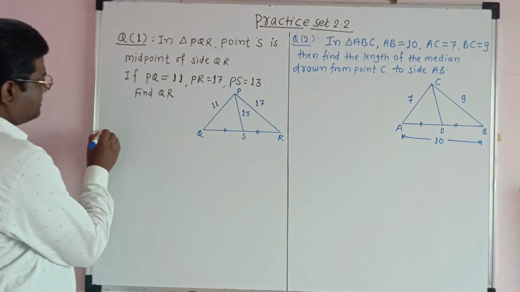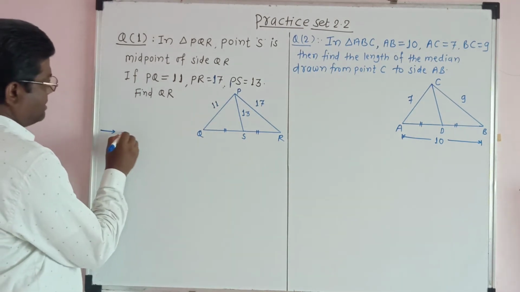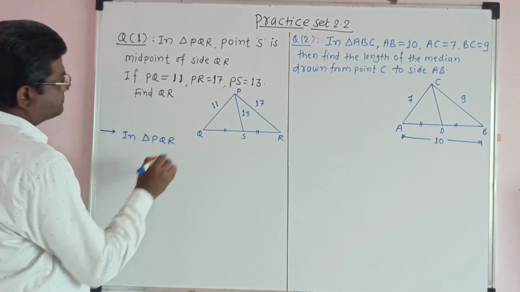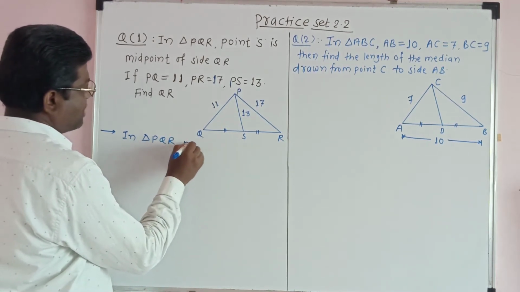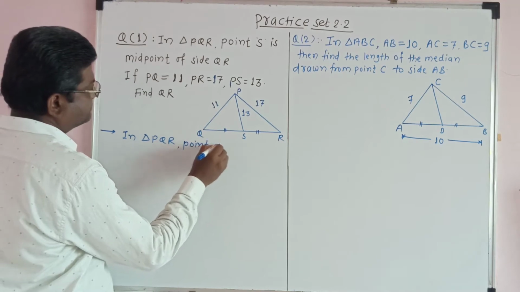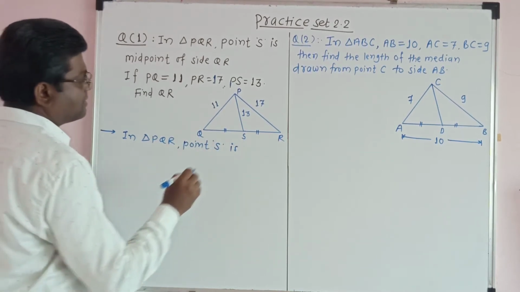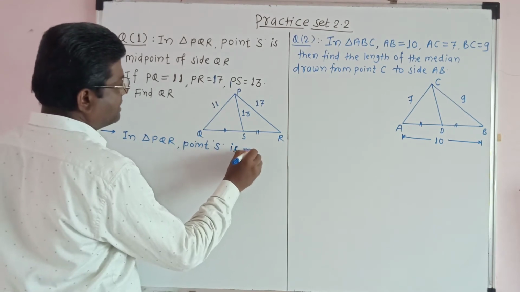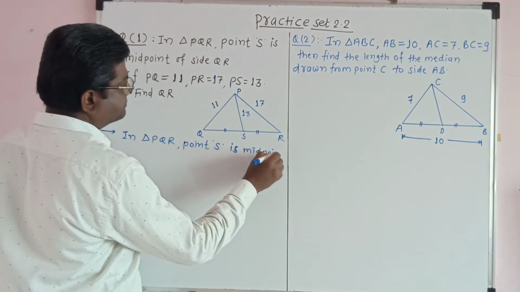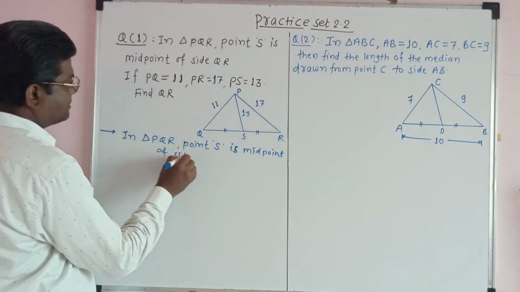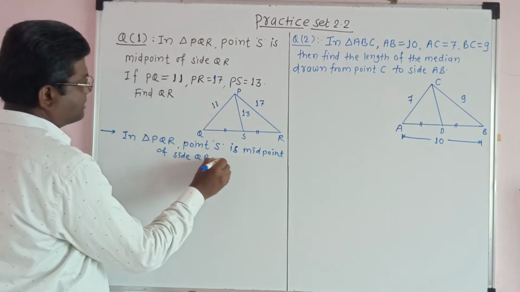Now let's solve. In triangle PQR, point S is the midpoint of side QR.